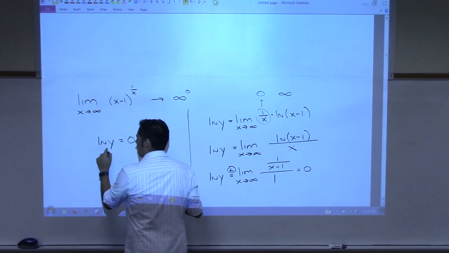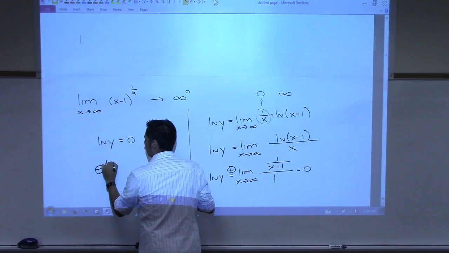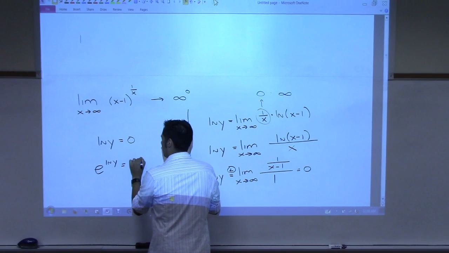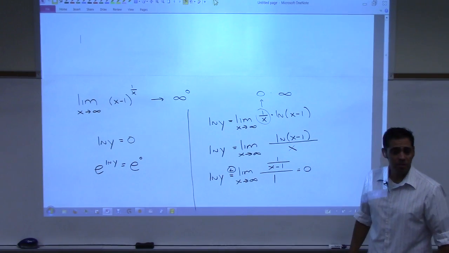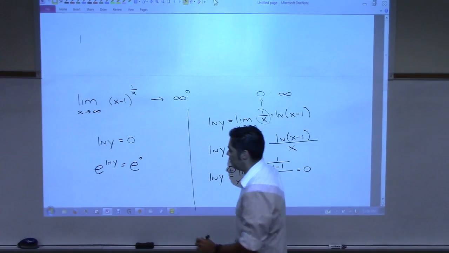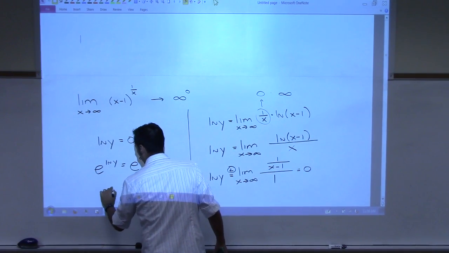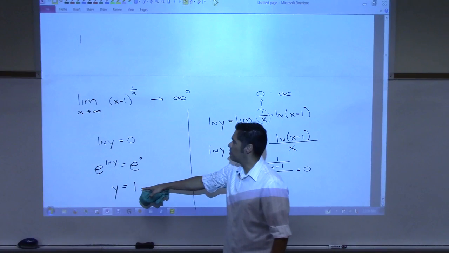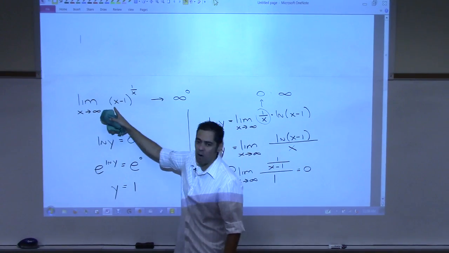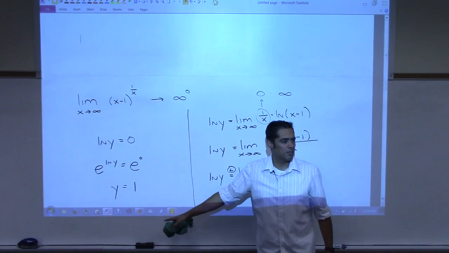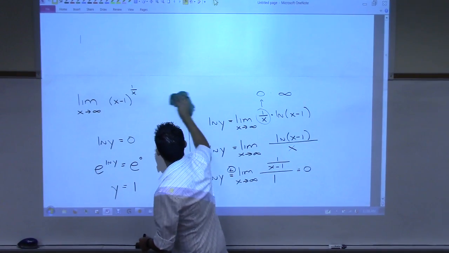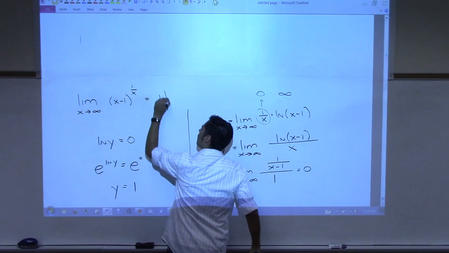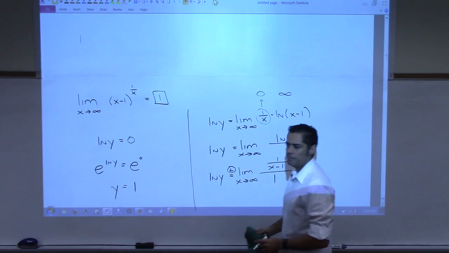And then to get y back, we just do the inverse of the natural log, which is e. And e to the 0 is 1. And the left side is y, right? And that's what we are interested in. We had called this limit y, and we're coming up with a conclusion that y is 1. So the answer is 1. Okay?